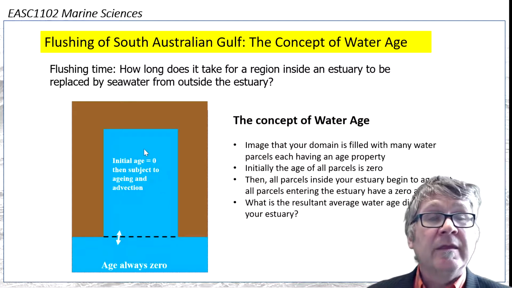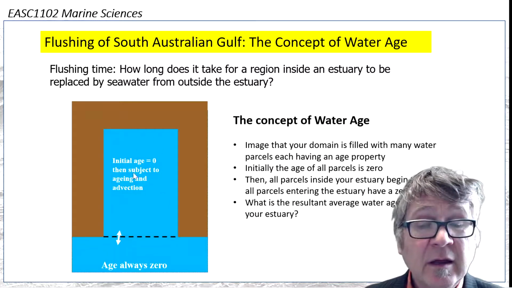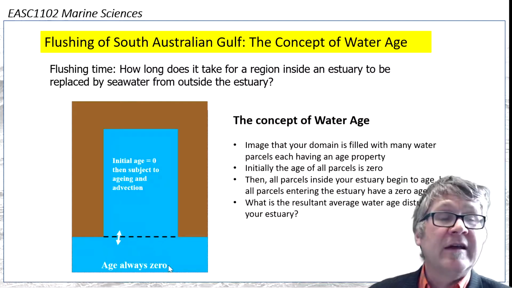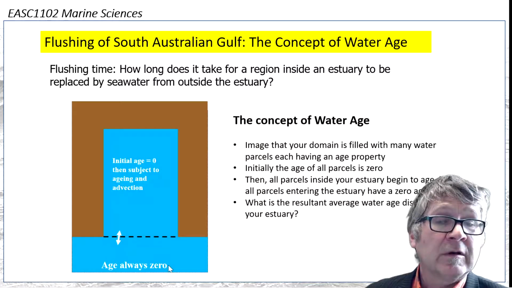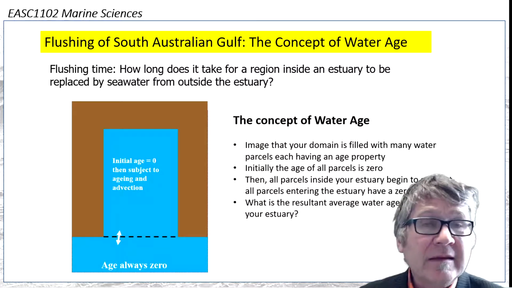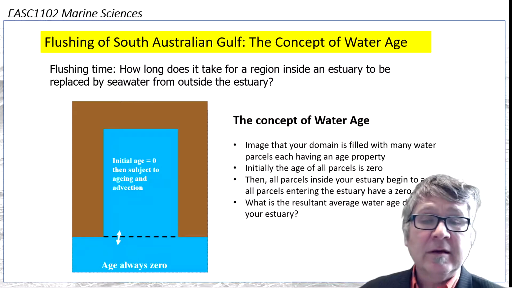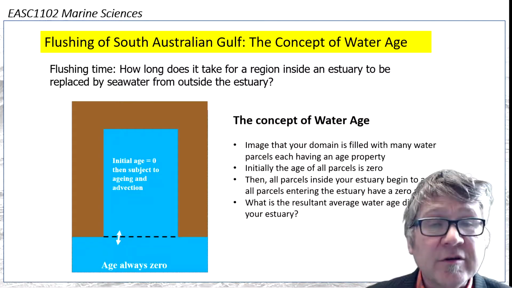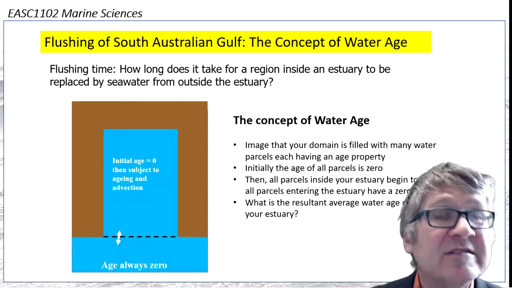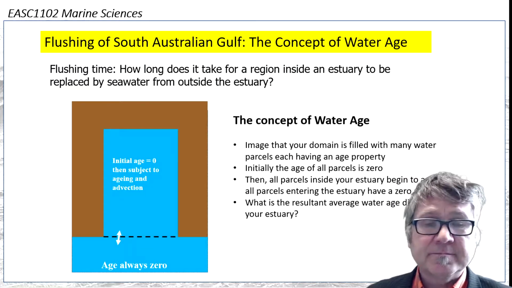And outside your estuary, the water parcels always have an age of 0. So anything that enters your domain starts aging. And you start your simulation, and everything starts to age inside your estuary.